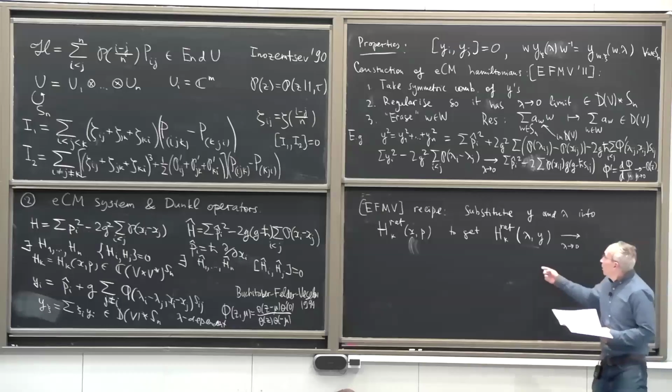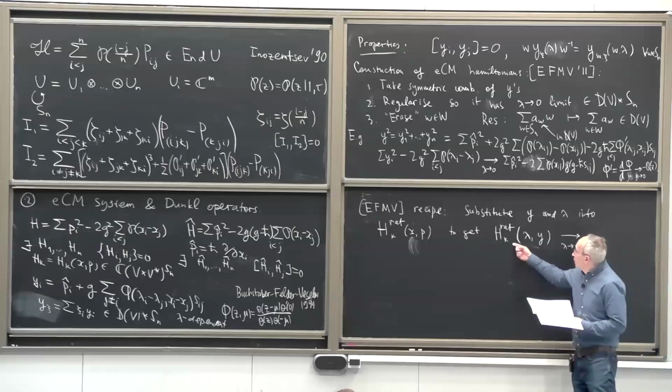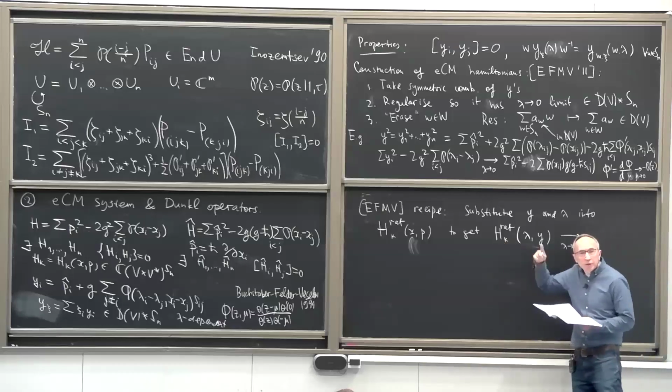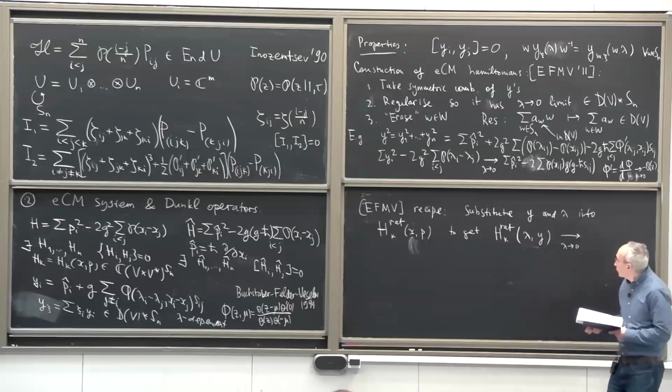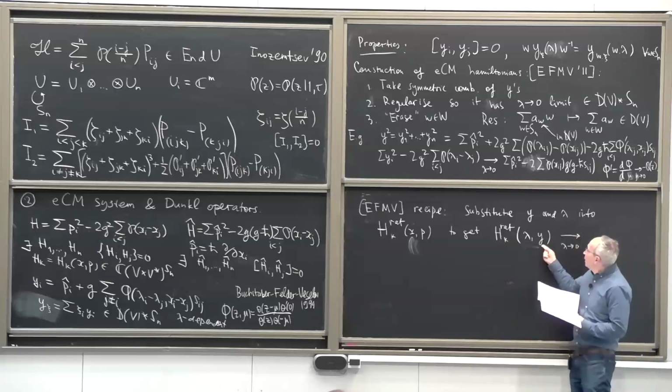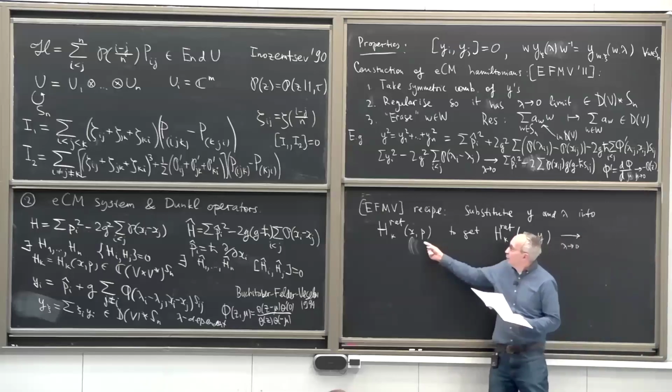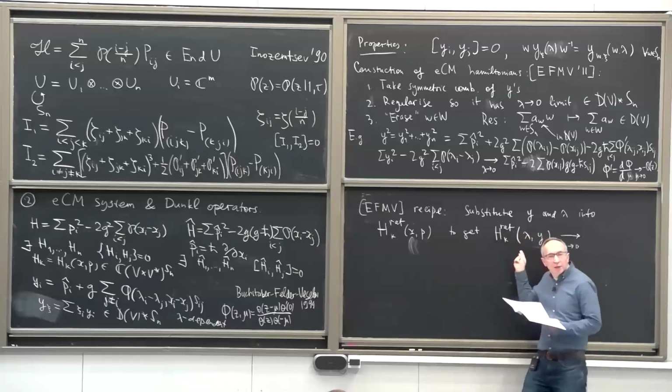Well, the average over the group is taken care of in this Hamiltonian because it's already symmetric. So the leading term, in terms of momenta, will be a symmetric polynomial in Dunkl operators.